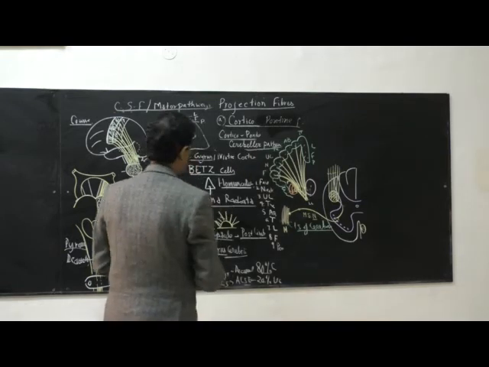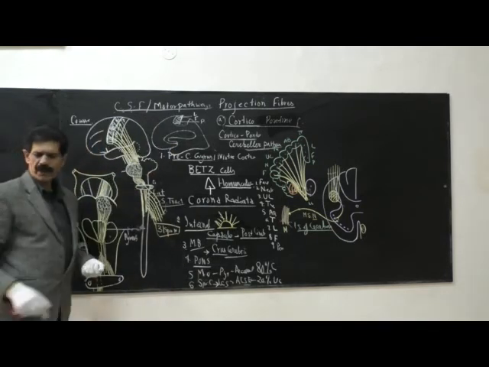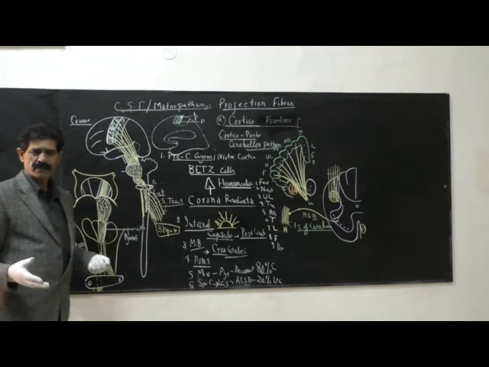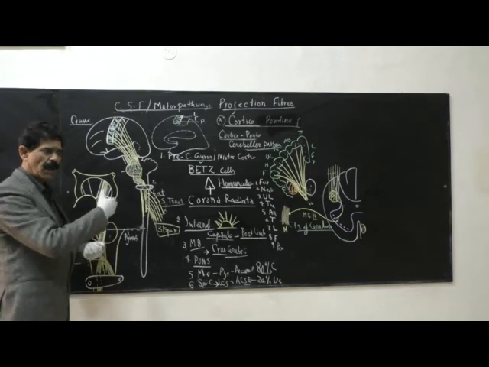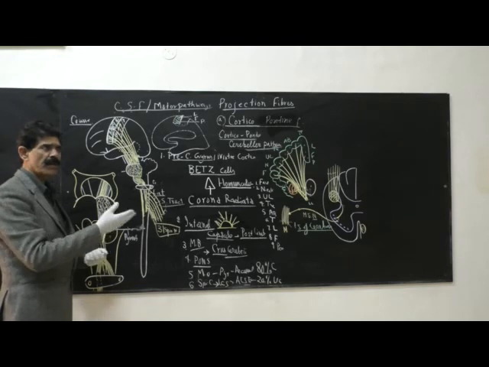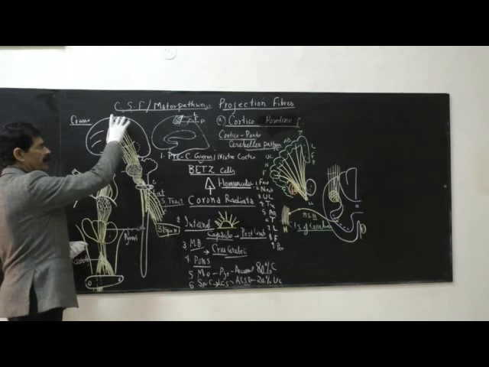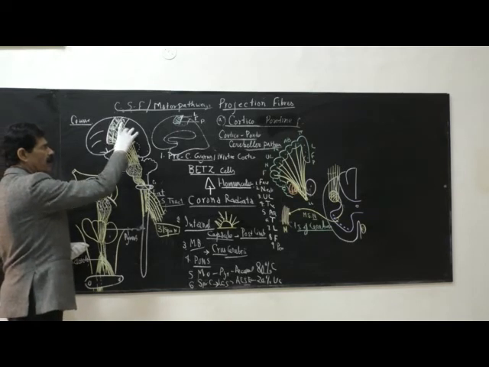Like the corticospinal fibers, the corticopontine fibers are also projection fibers, because they have to come out of the cerebrum. The precentral gyrus only gives the corticospinal fibers.